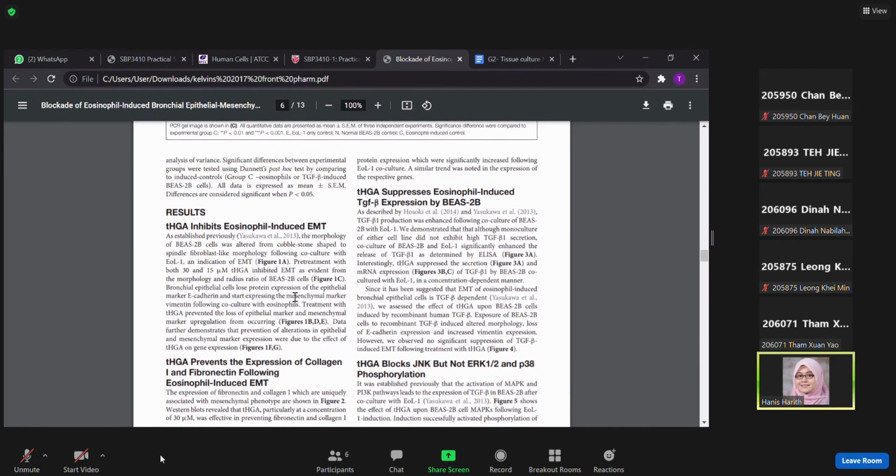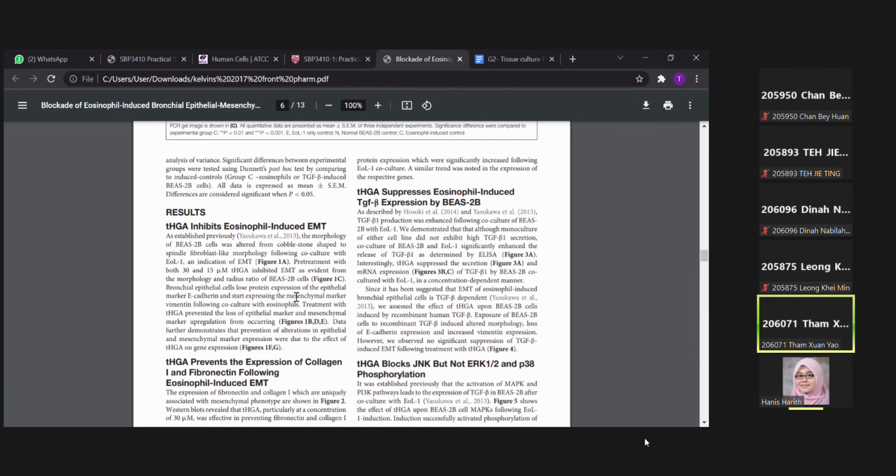Okay, so basically this whole study, the disease or condition that they are interested in is airway remodeling in asthma. One of the mechanisms that contributes to airway remodeling is epithelial mesenchymal transition, which is EMT. So they want to use a cell culture model to study EMT, right?